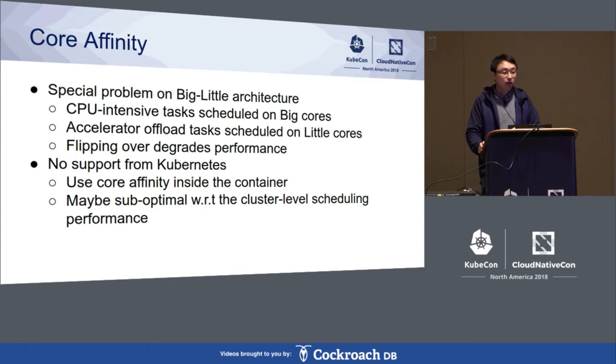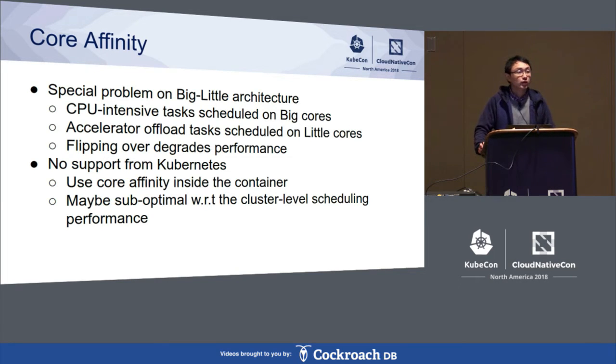And if we run an accelerator offload task on a bigger core, does it run faster? No, of course not, because it has to wait until the accelerator completes. So this is a suboptimal situation on a big.LITTLE platform. Ideally, we want to schedule all the CPU-intensive tasks on bigger cores.